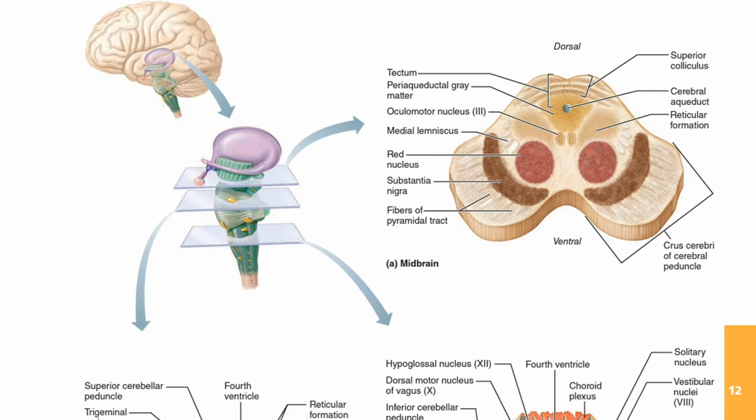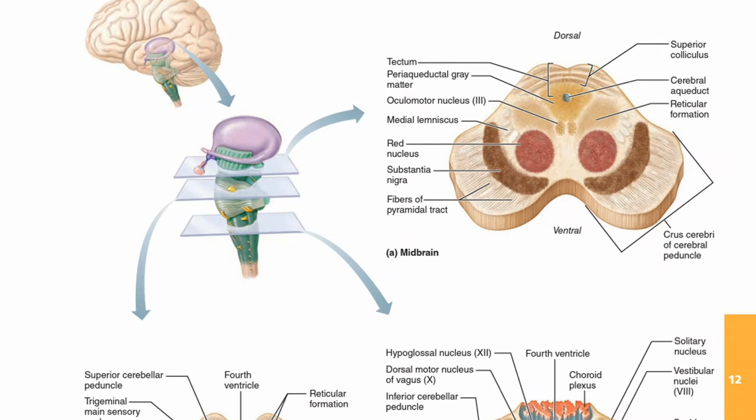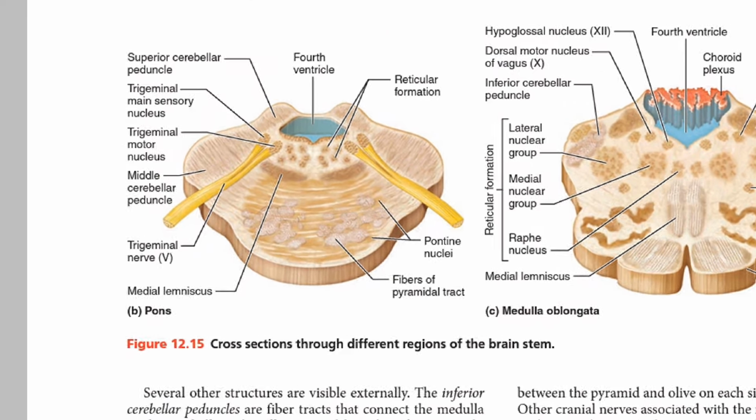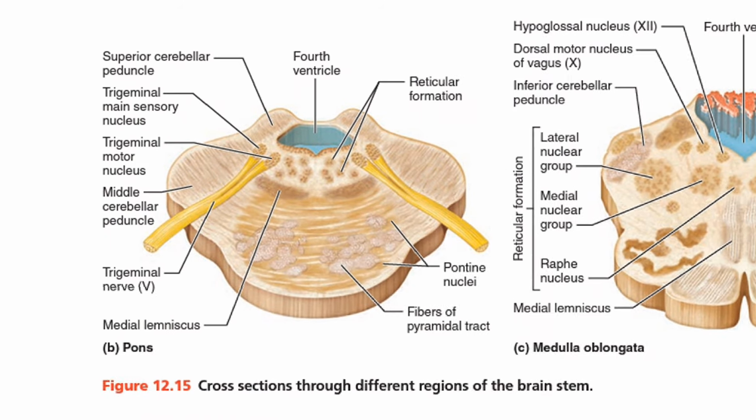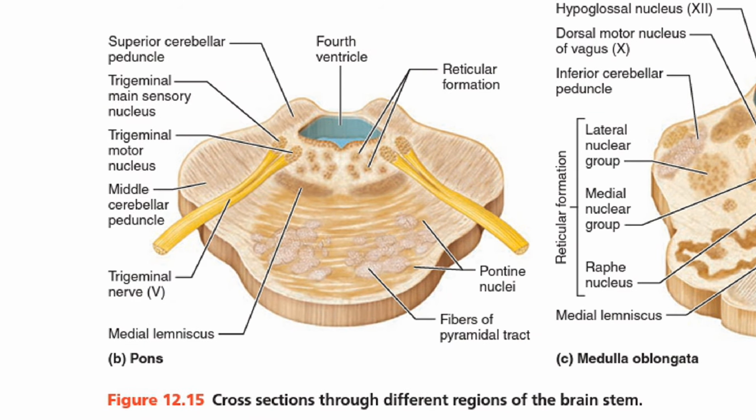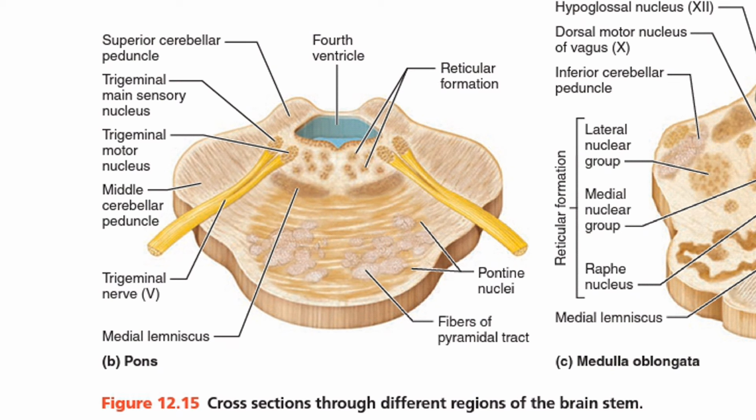Then in this figure, cross section of the Pons. So this is also an important figure for you. Okay, try to remember all the names. All the names are important for you. Okay, see, cross section from the Pons.